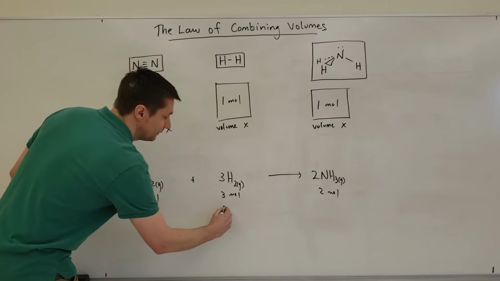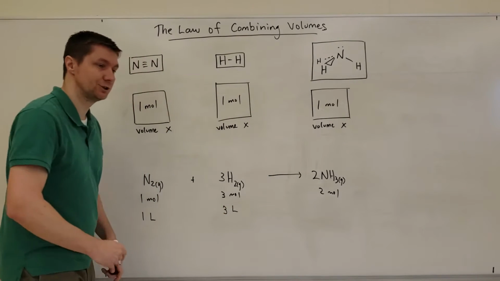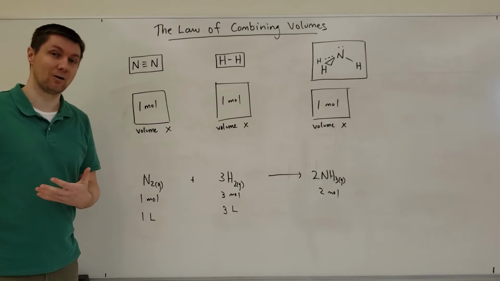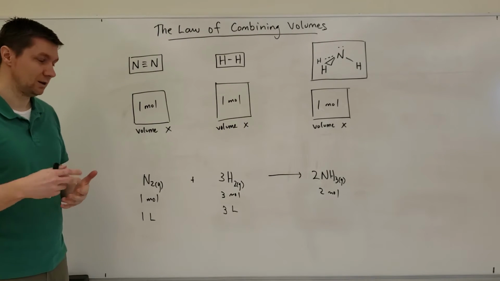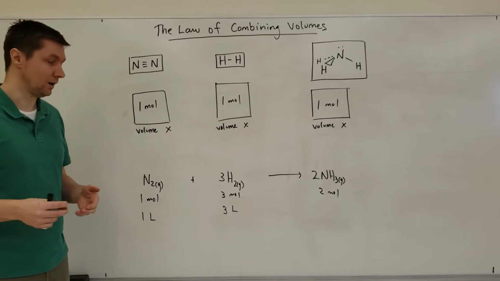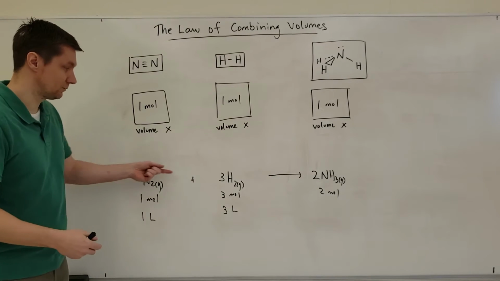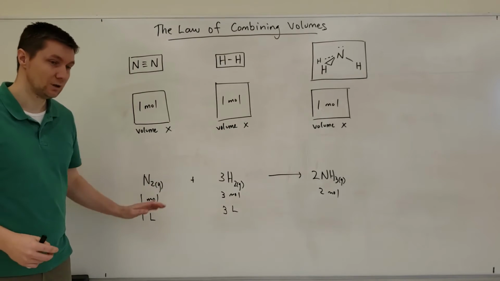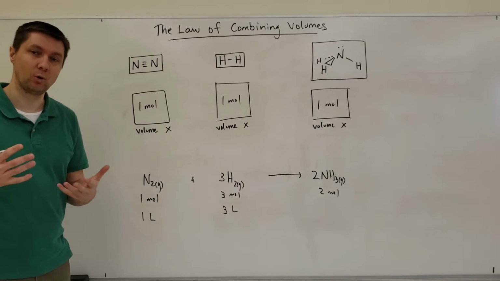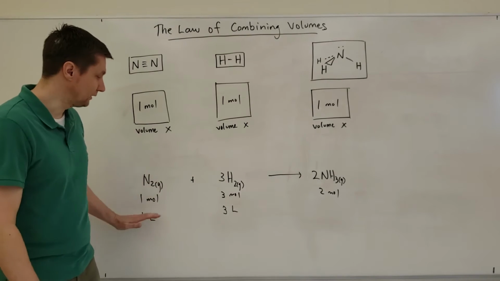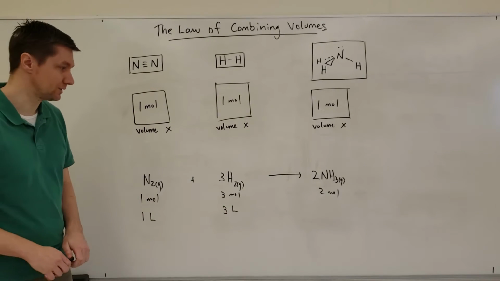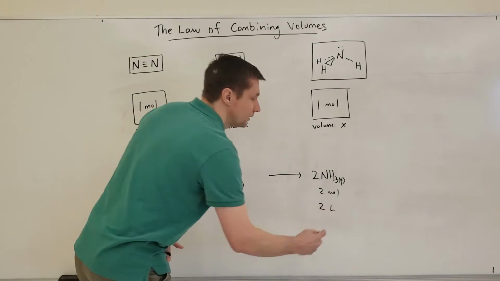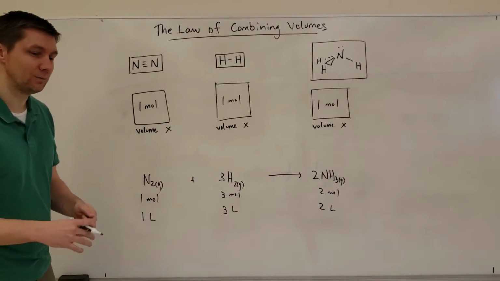And if I have 3 liters of hydrogen, that's going to have 3 times the amount of molecules in that container. And that's all I care about, that this ratio is reacting at a 1:3 ratio, and the volumes uphold that ratio. And so 1 liter of this is going to react with 3 liters of hydrogen to make 2 liters of ammonia. And I can use this for any unit of volume and any number.